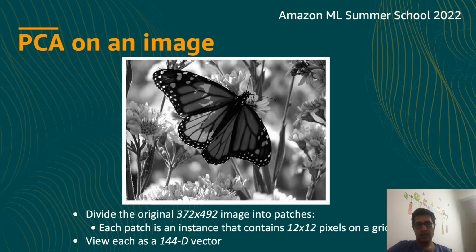Any portion of the image gets divided into a 12 by 12 box. Then you think about that 12 by 12 box as a 144 dimensional vector.